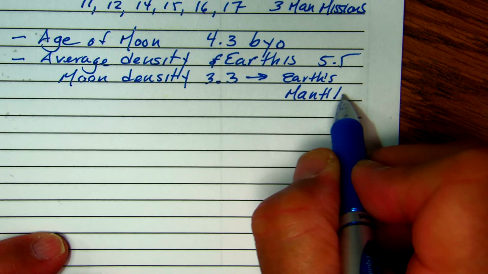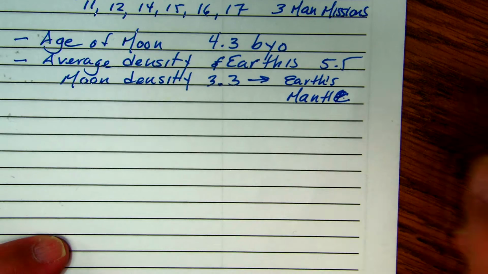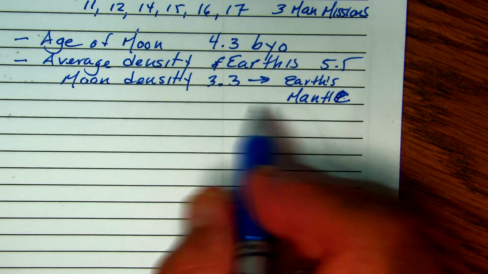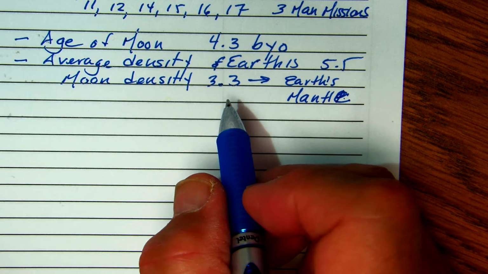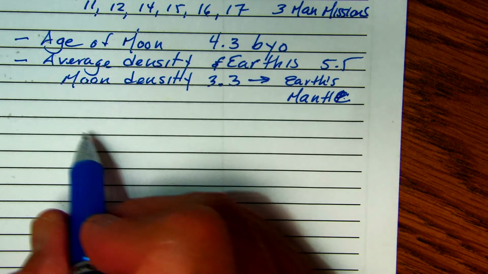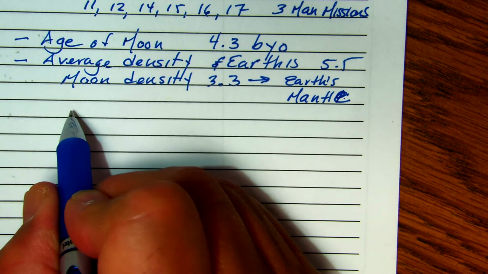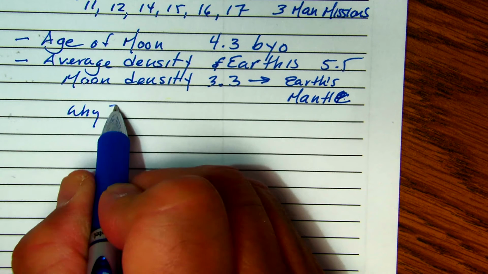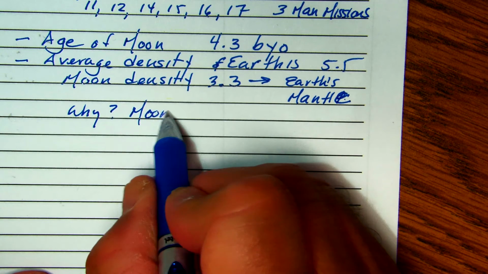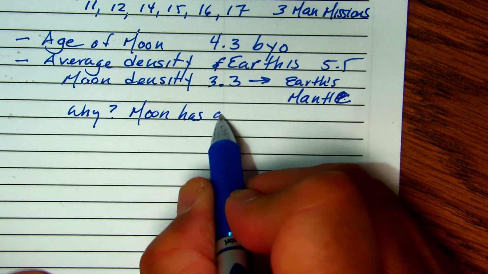Gosh, can't write this morning, sorry. Now, why is the difference between 5.5 and 3.3? Remember, density is mass over volume. What's basically speculated is the moon has a smaller iron core, a small iron core.